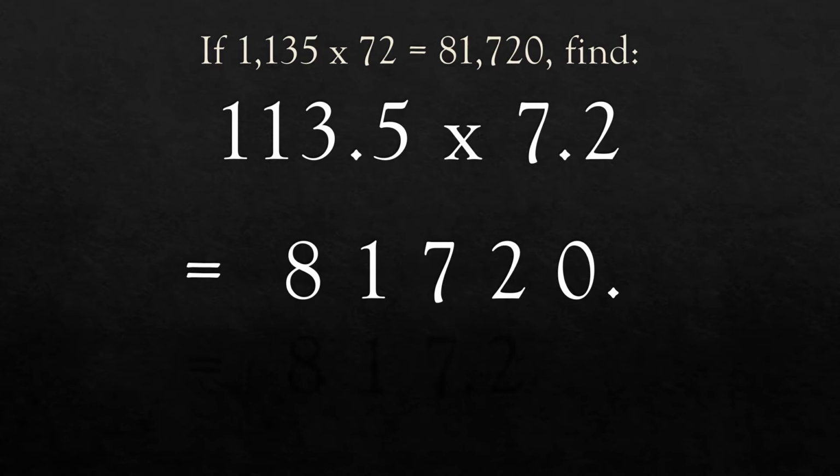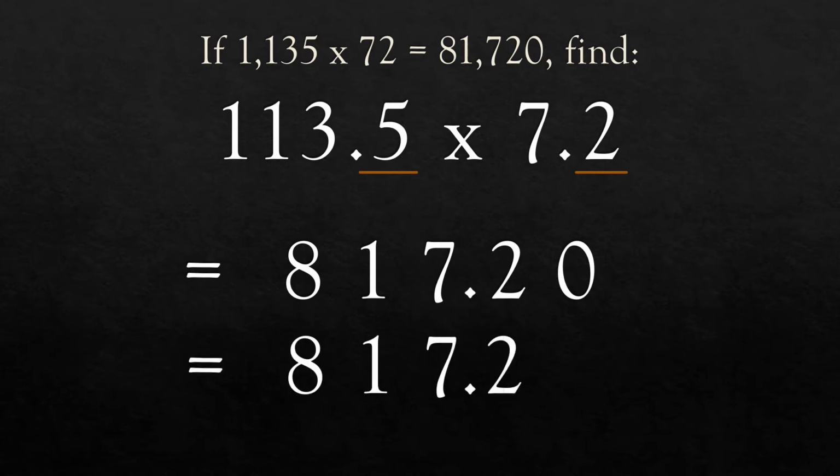One digit in 113.5 and one digit in 7.2. So the total digits after decimal is 2. So count two digits from the right, 1, 2, and place decimal in the product. So the answer is 817.20. That is 817.2.